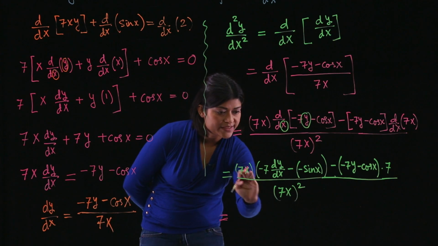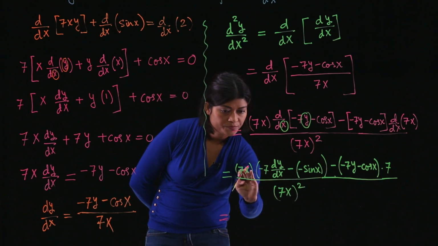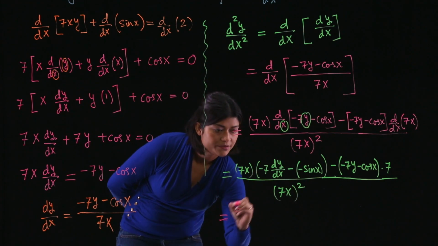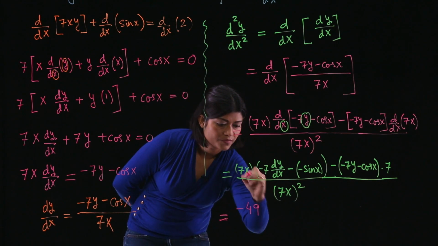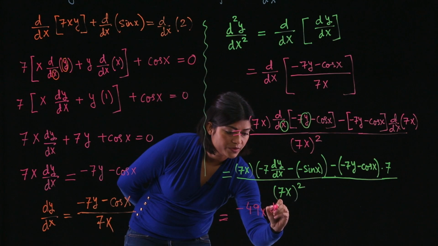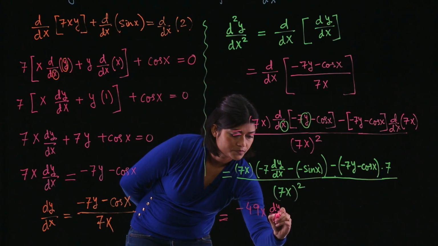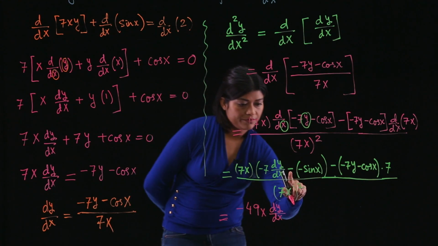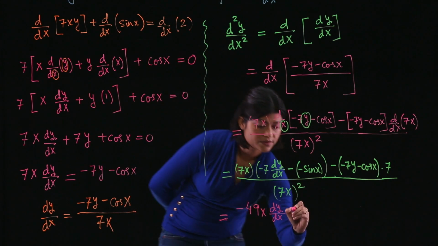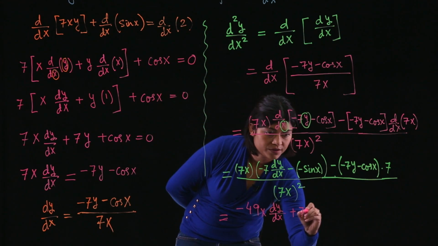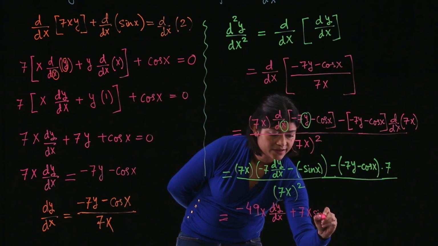Multiply 7x through, so you get negative 7 times 7, negative 49x dy dx. Then we have a negative times negative, that's a positive sine x times 7x, so plus 7x sine x.